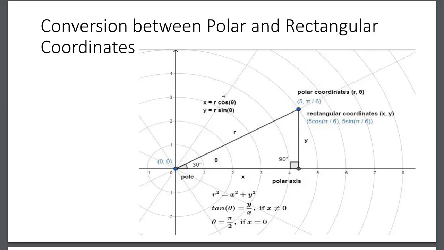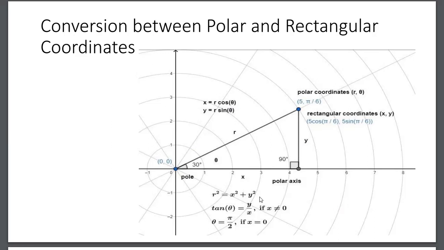Again, these are basic trigonometric functions, and you can express x and y from them in terms of r and theta. Also, note here the Pythagorean theorem that x squared plus y squared will equal r squared. So we have down here r squared is x squared plus y squared.